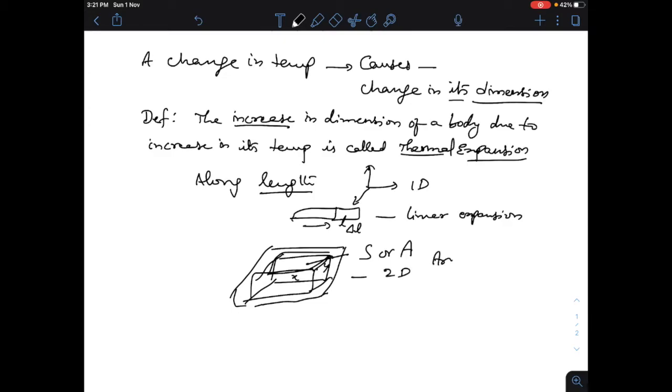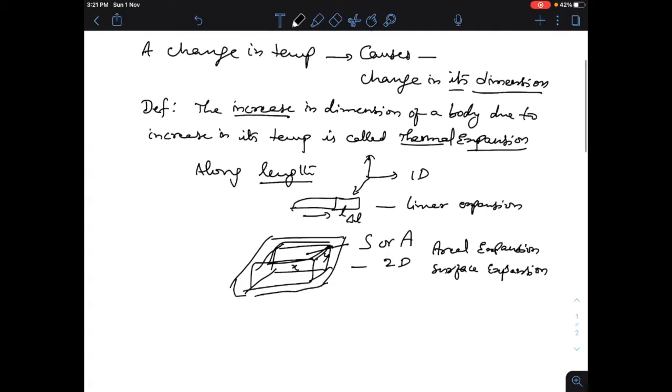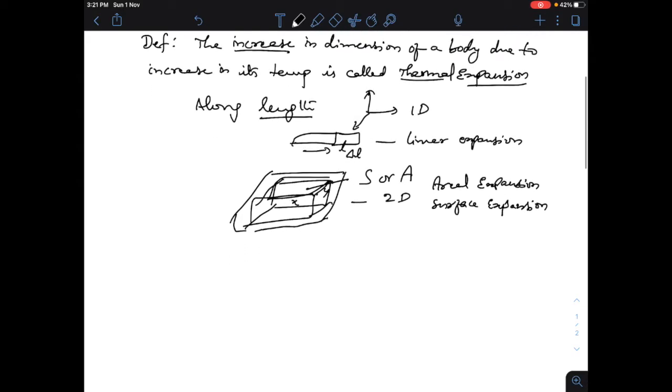So it is areal expansion, or you can say surface expansion. It is planar, increase along a plane. So that is areal expansion. So this is 1 and this is 2.